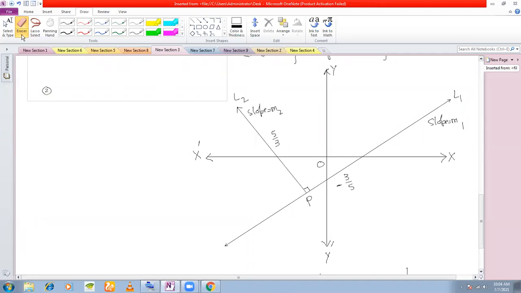Okay. So suppose I give you the slope of a straight line as say -2/5. If I give you the slope of this straight line as -2/5, say M1 is equal to -2/5 or M2 is equal to -2/5. What is the slope of the other line? M1 is equal to -1/M2, right?